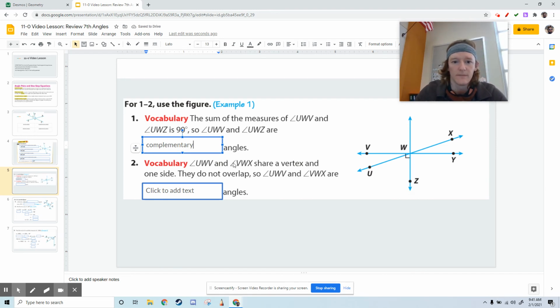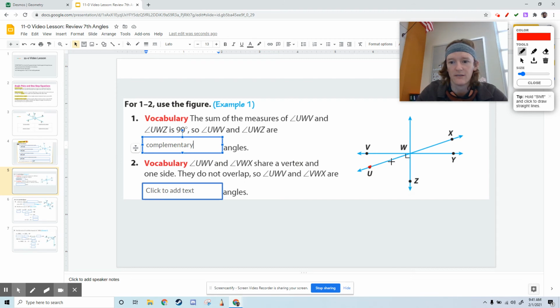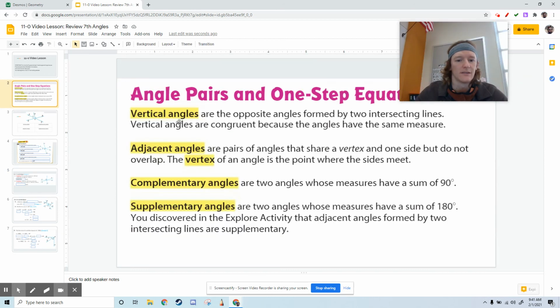The next one's angle UWV and VWX. They're adjacent angles. They share a vertex and one side. So what is our definition?